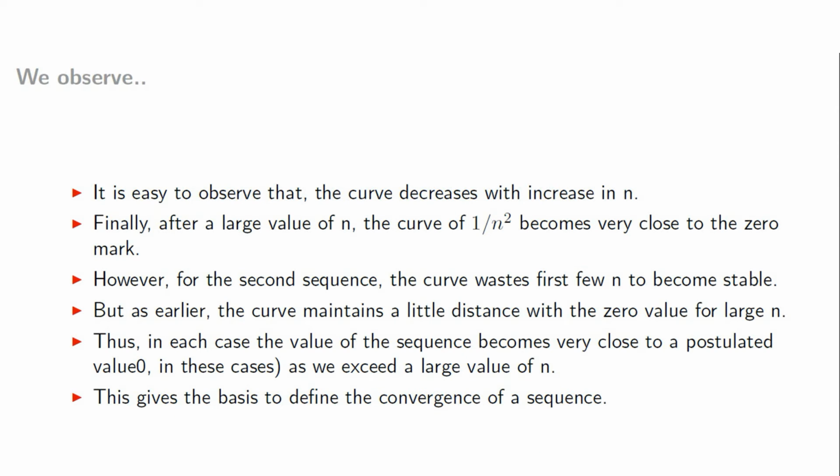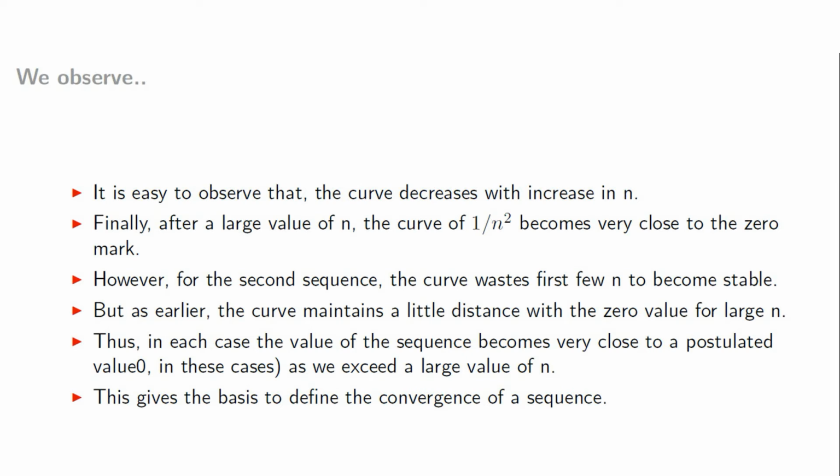So we observe that each of the curves decreases with increase in n. Finally, after a large value of n, the curve of 1 by n square becomes very close to the 0 mark. However, for the second sequence, the curve takes the first few n to become stable. But as earlier, the curve maintains a little distance from the 0 value for large n.